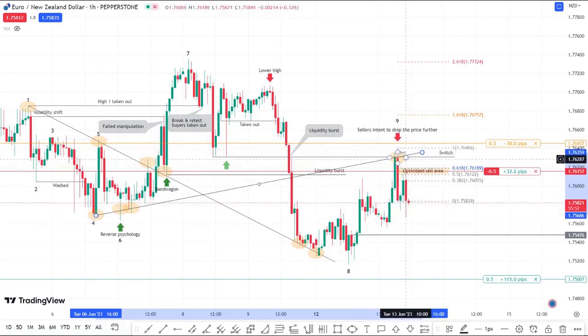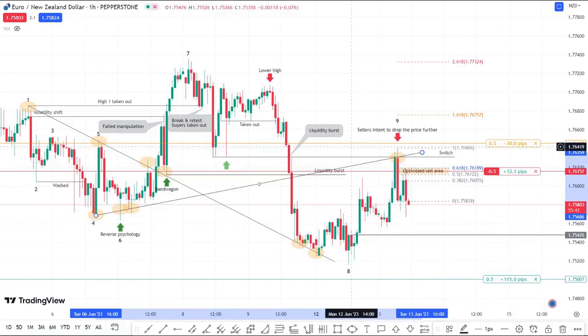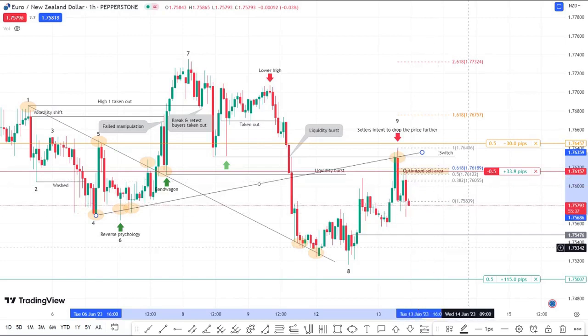Okay? And the selling pressure starts after it surpassed the prior candle. This suggests that the sellers intend to drop the price further since they want to continue selling off this market.